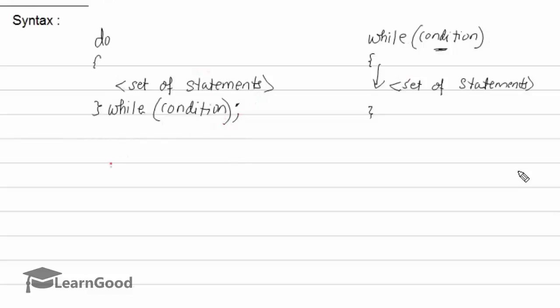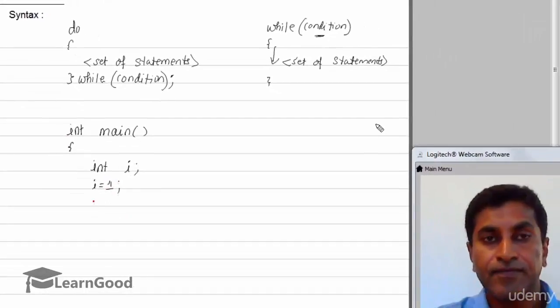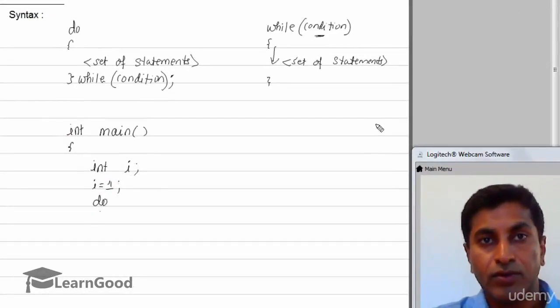I'll just write a code here to display natural numbers from 1 to 5 using do while. We'll have a main, and to generate a natural number we'll take an integer variable i, and we'll initialize this i value equal to 1 and take a do loop.